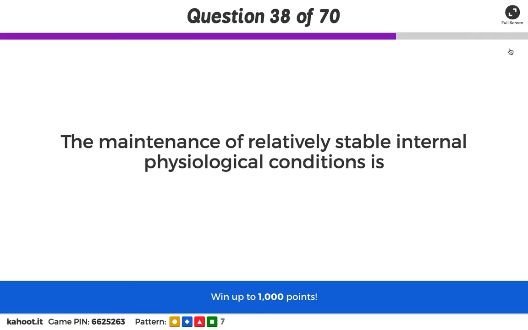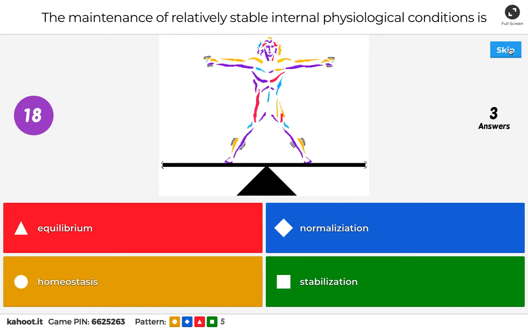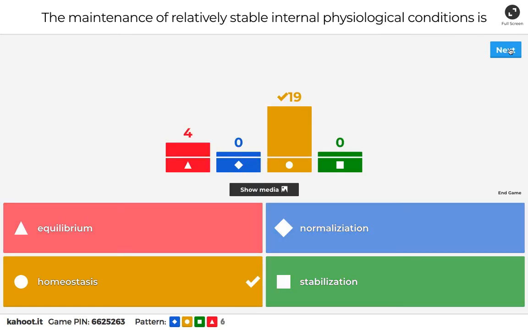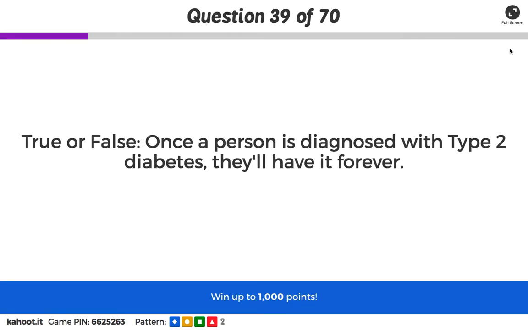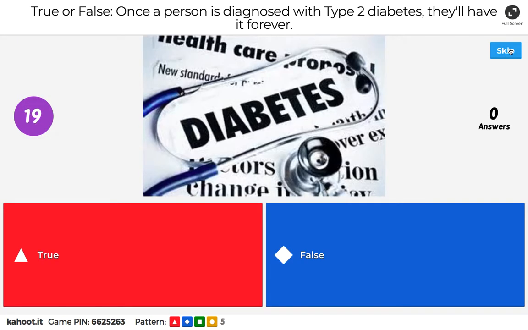We're halfway there. Good. Homeostasis. That's a good question.